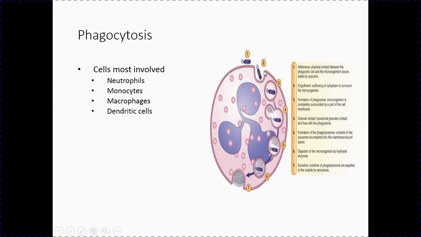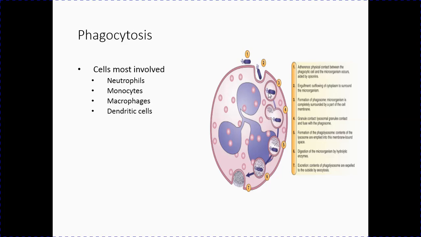So it starts to bring its cytoplasm up and around the microbe until the cytoplasm fully surrounds the microorganism. Once that microorganism is totally inside of the phagocytic cell, we call this little component containing the microbe a phagosome. That's this area that's totally surrounding. It's the little compartment containing the microorganism.